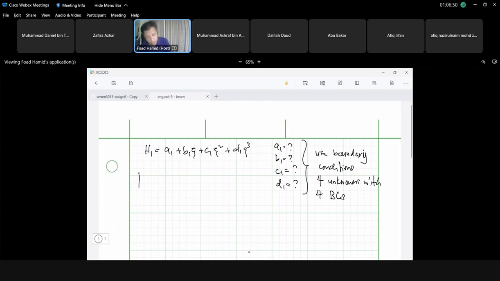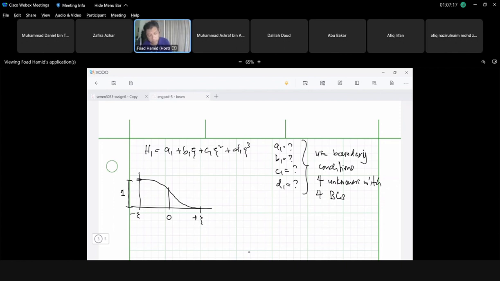So this is our H1. Note that this is our minus 1, this is our plus 1, and this is our 0.